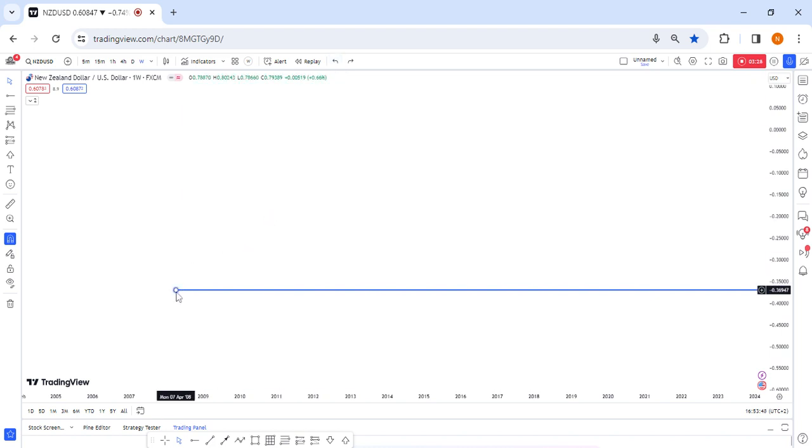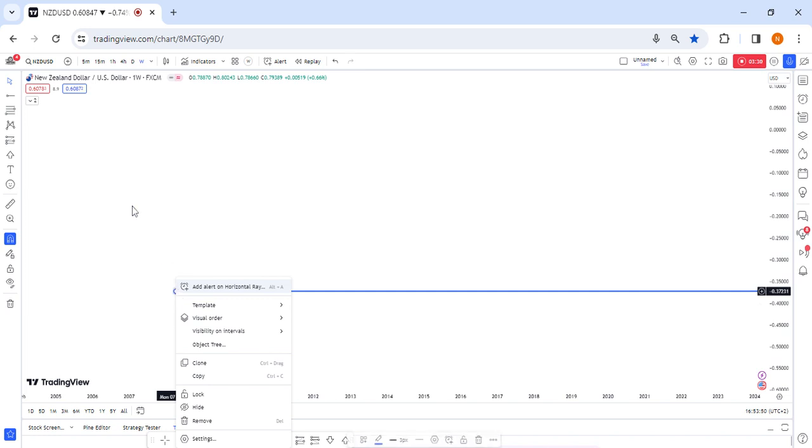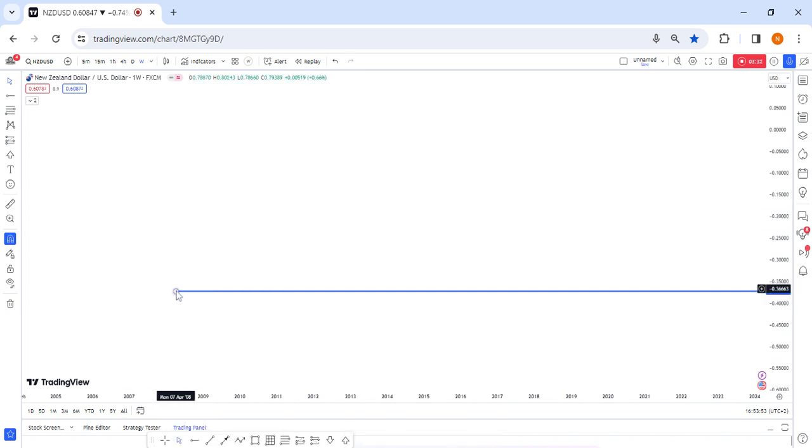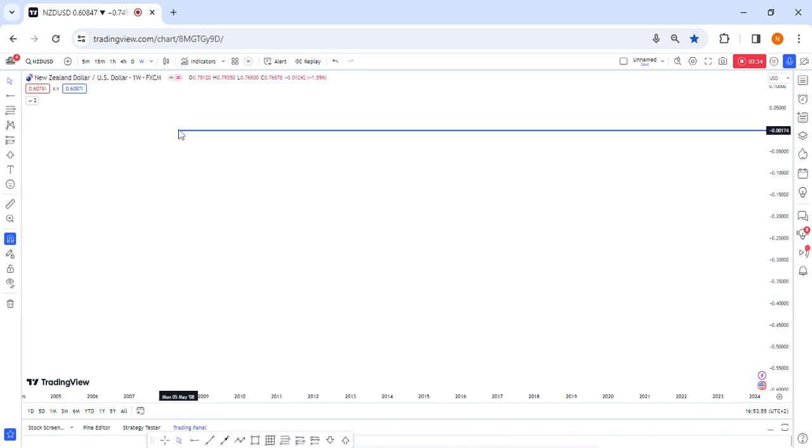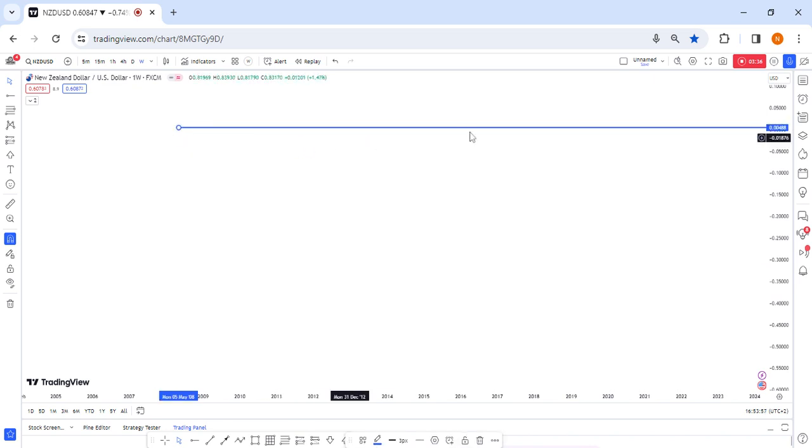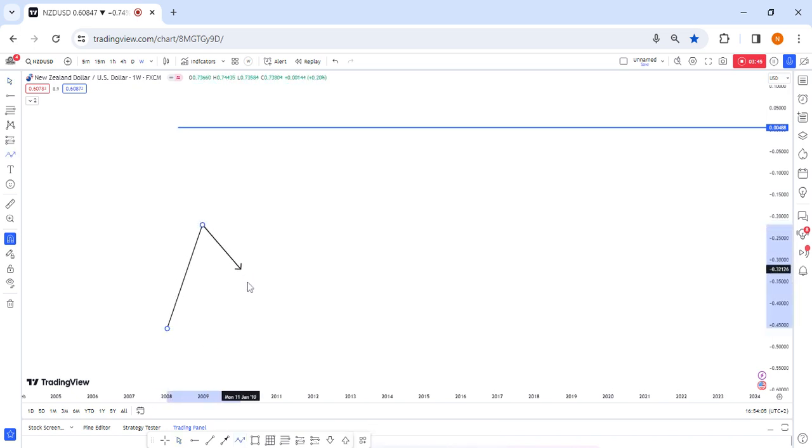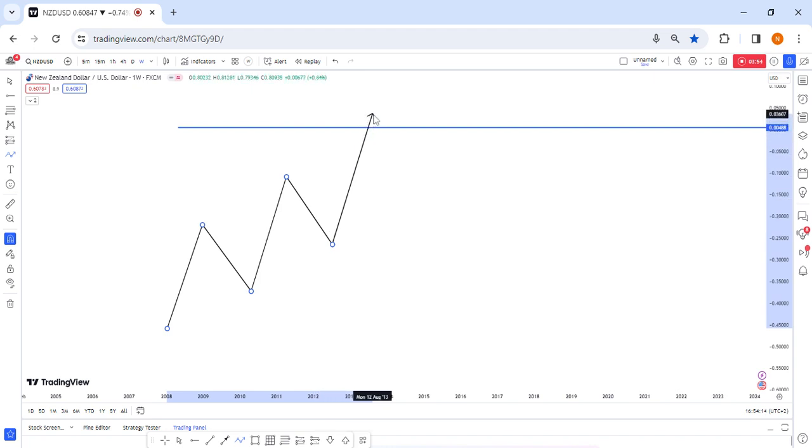So conversely, resistance is a ceiling where price tends to stop rising. Okay, so let's say this is our resistance over here. This is our ceiling. And then you have a situation where price is making higher highs and higher lows, right? Giving us this form of price action, or this bullish price action, right?